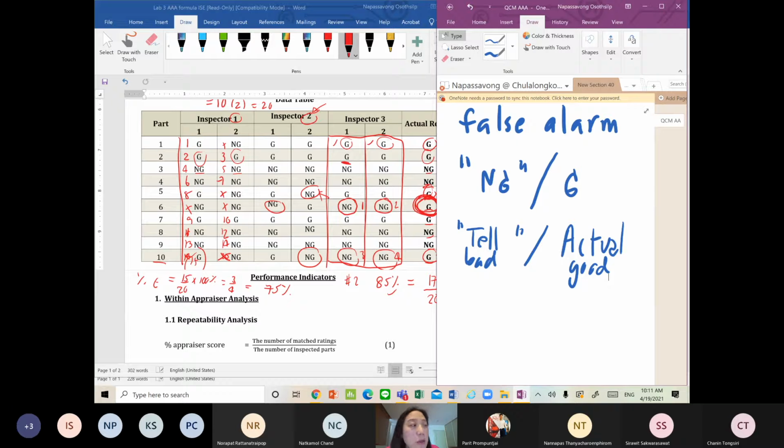When an inspector decides that this part is bad, what will they do? So what will they do if they believe that that part is bad? What will they do? So Pawit, do you want to tell?